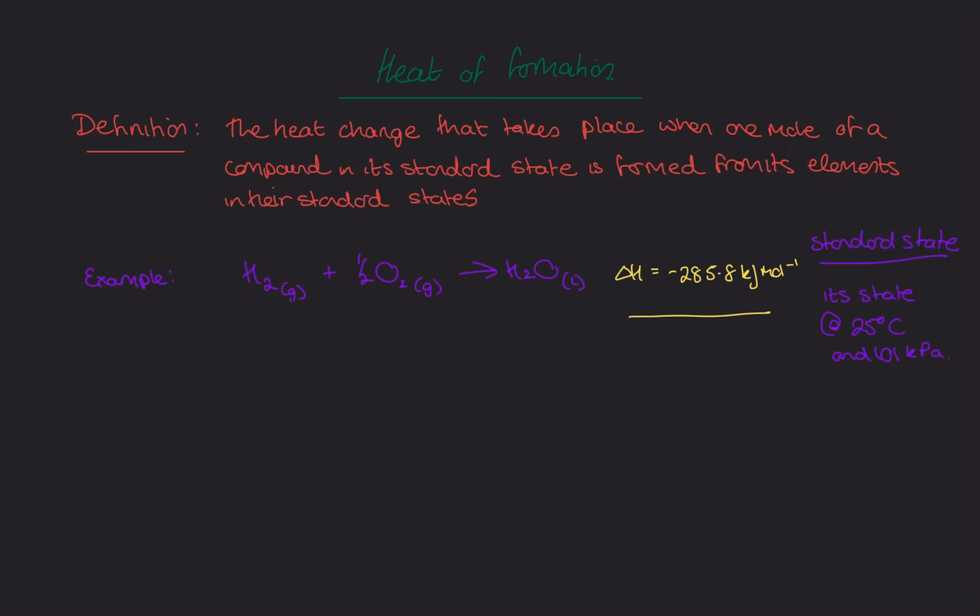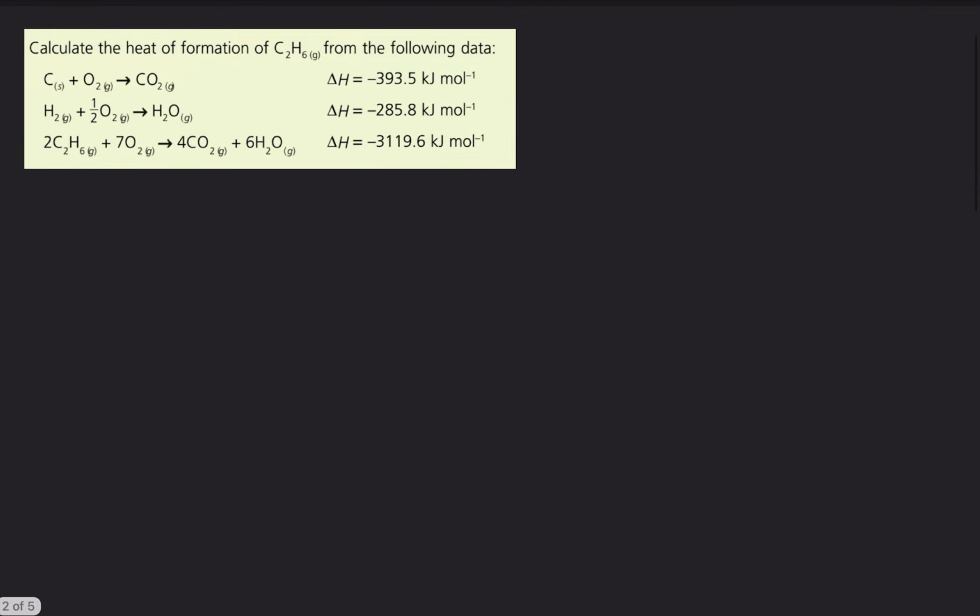Okay, so let's look at our question. Calculate the heat of formation of ethane from the following data. Now, you might not get the formula. Here they've been very generous and given you the formula C2H6.